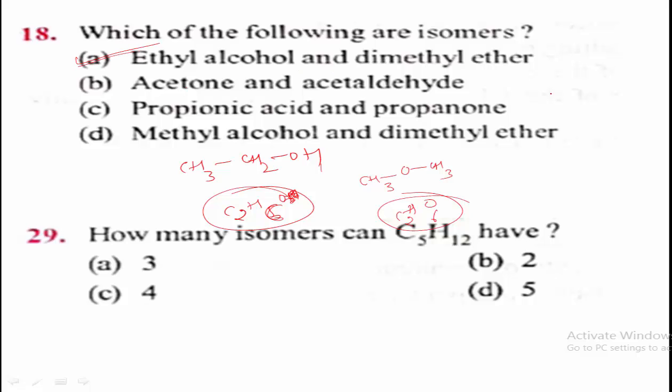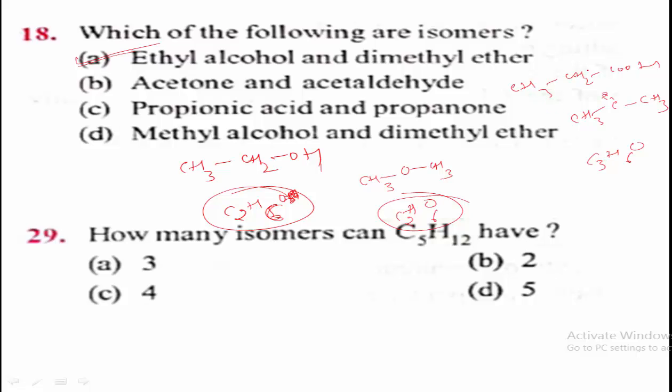You try the acetone structure, acetaldehyde, propanoic acid and propanone. If you write the structure of propanoic acid, you know propanoic acid means CH3, CH2, COOH, and propanone means CH3, C double bond O, and here CH3. It contains 3 carbon atoms, C3, H3, H3 means H6 and 1 O, C3H6O.